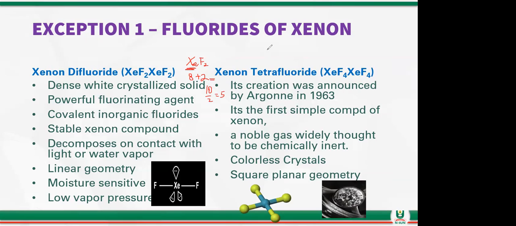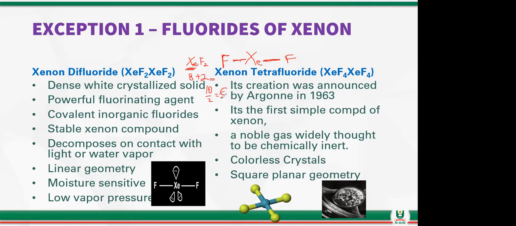However, xenon is bonding linearly with 2 fluorines with a bond angle of 180 degrees. And what does that mean? That means that this is a bond pair between fluorine and xenon. This is a bond pair between fluorine and xenon.